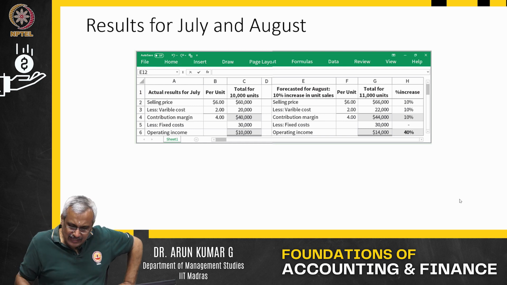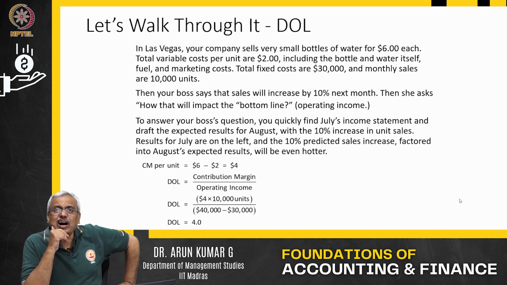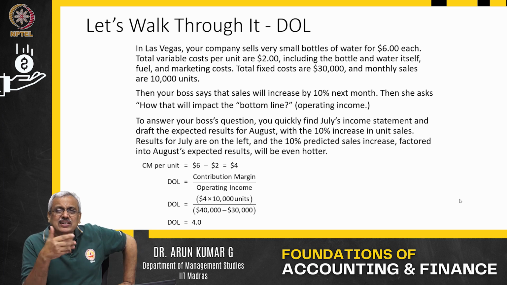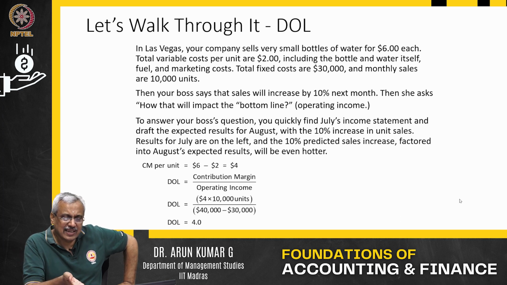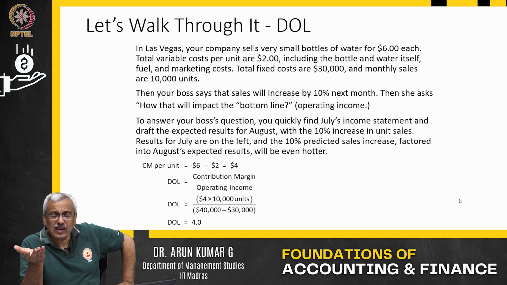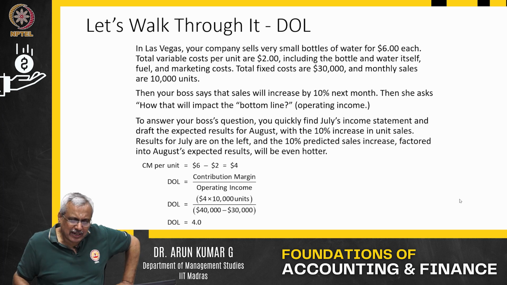Instead of doing this, I could have just said 4 is the operating leverage, 10% is my increase in sales. So 10% into 4, 40% is going to be my bottom line increase, or my operating income increase. If I say 20%, then what will it be? My bottom line increase will be 20% into 4, so 80% increase in my operating income. How will it be 80%?